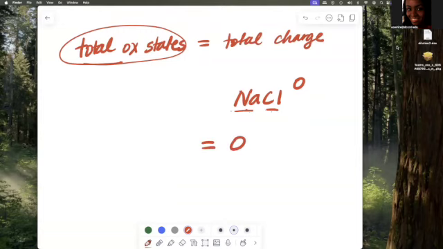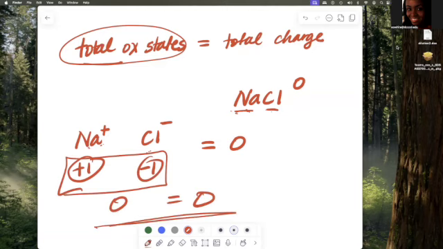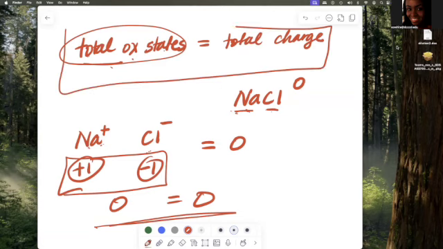That means whenever you go through the rules, you will assign sodium, which is actually a sodium ion in the compound, and chlorine, which is actually chloride ion in the compound. Sodium's oxidation number will be plus 1, and then chlorine's oxidation number will be minus 1. When you add these up, what do you get? 0. So 0 equals 0. So we essentially have proven that the total oxidation states equal the total charge, right? So I hope that makes sense. The rule is kind of repeating itself over and over again. Total oxidation state equal total charge.